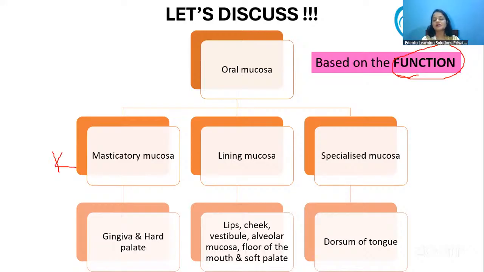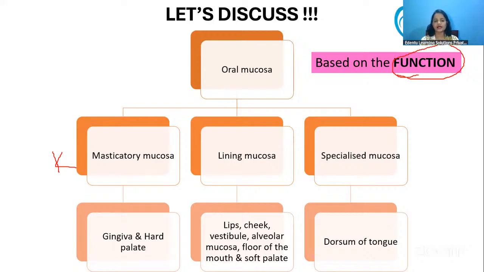Then we have the lining mucosa, which is the mucosa present in all the other parts of the oral cavity: the vestibule, the cheek, buccal mucosa, alveolar mucosa, floor of the mouth and soft palate. This lining mucosa is usually non-keratinized in nature, because not much masticatory force goes into that mucosa.